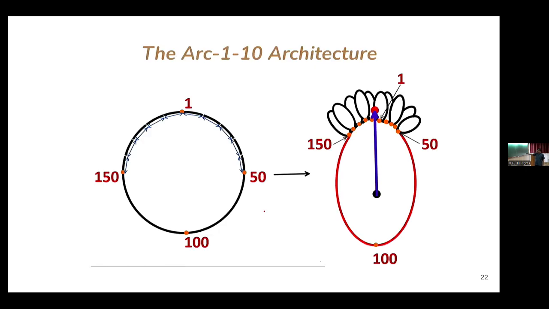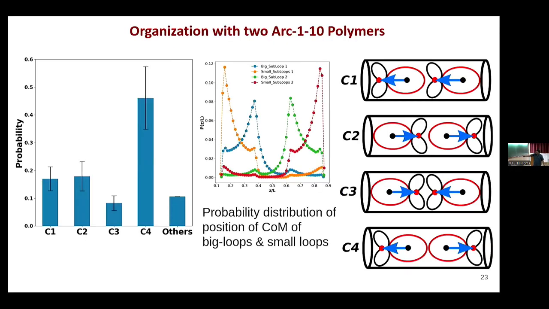However, if you have 10 small loops on one end and one big loop, and this will be relevant for segregation centers, then basically the C4 configuration is 5 times more probable than the C3 configuration. C3 is this configuration. So the small loops want to always face the walls. The big loops want to overlap.